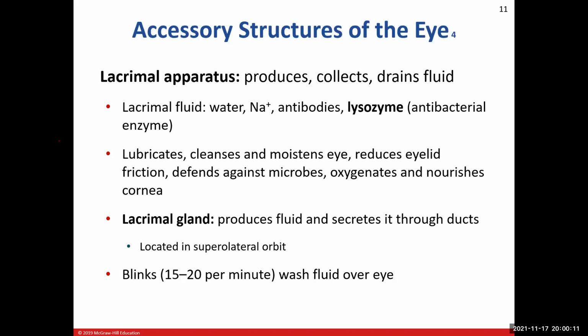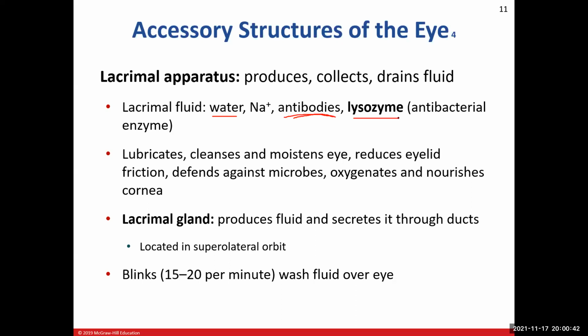The primary ingredient in the lacrimal fluid is water. We'll also see some sodium, but the two big ingredients here are antibodies for the immune system, but also lysozyme, and that's an enzyme that is highly effective in killing bacteria. So both the antibodies and the lysozyme help to destroy any type of microbes that might be trying to infiltrate our body.